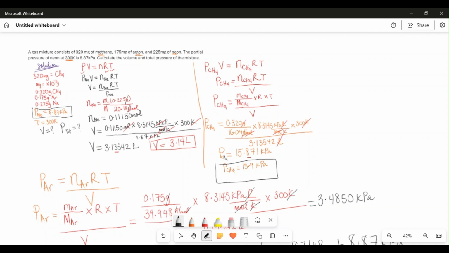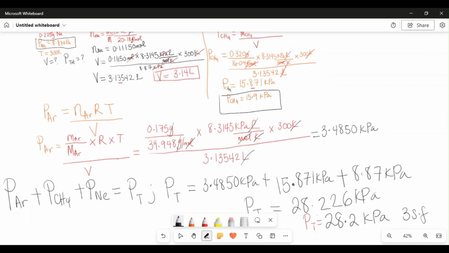We determined the volume of the entire mixture using the pressure of neon. Then we used the volume to determine each pressure in the mixture: the methane gas pressure and the argon pressure. When we had all three, we added the individual pressures to get the total pressure. This question is a perfect application of Dalton's law of partial pressure.